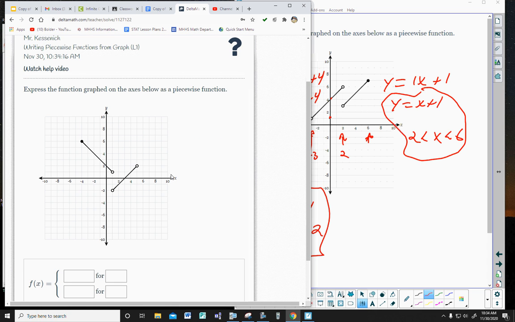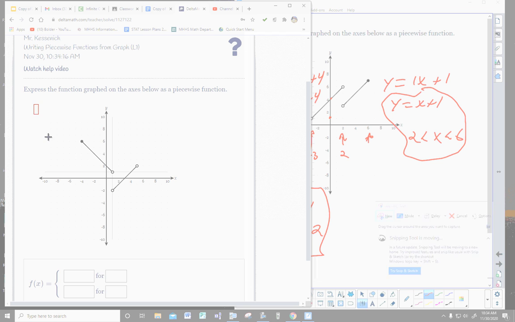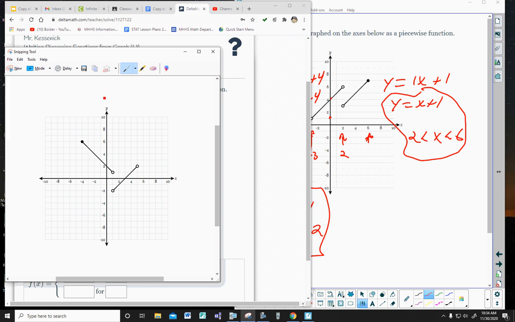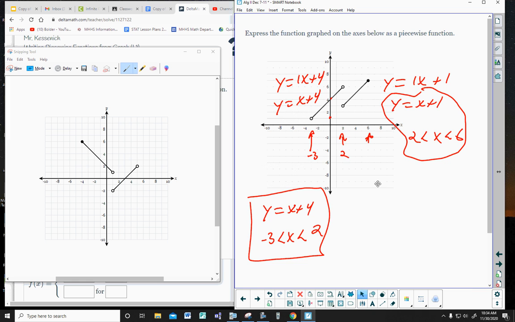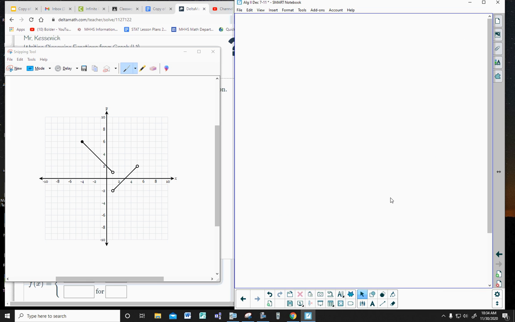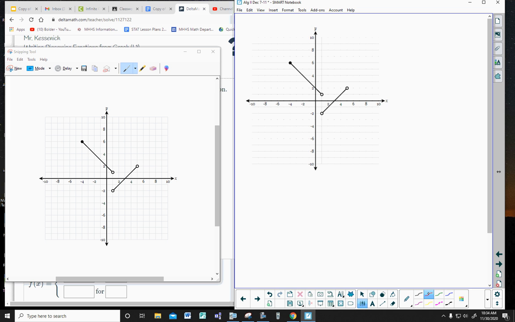Okay, express this function. Again, I think we can get the y-intercepts right out of there. Maybe I'll do this one because it's got a closed endpoint on it, and show you what that looks like. Again, read the slope when it's possible just to read it.